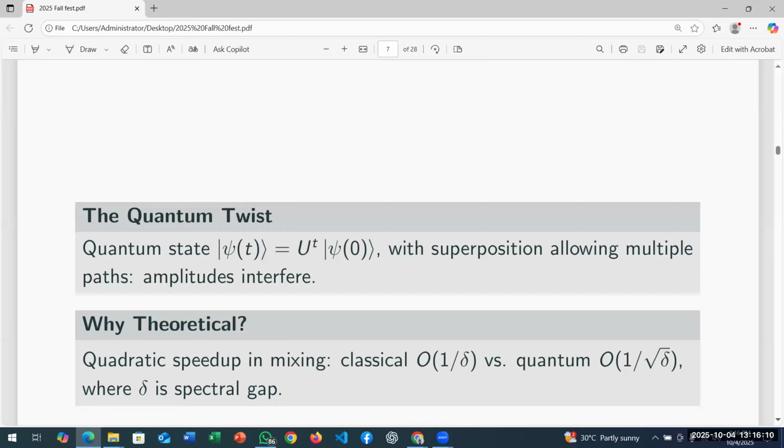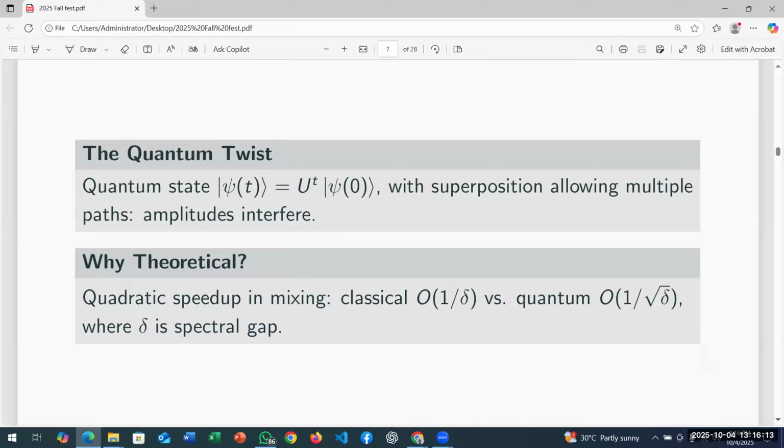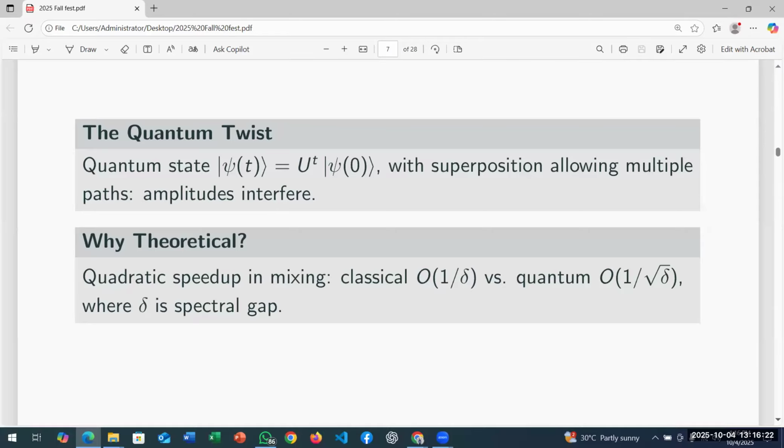Another interesting and important fact about quantum is that there is a particular quadratic speedup that quantum gives us. If we look at this now, this is telling us the number of steps in order for us to get a particular task done.